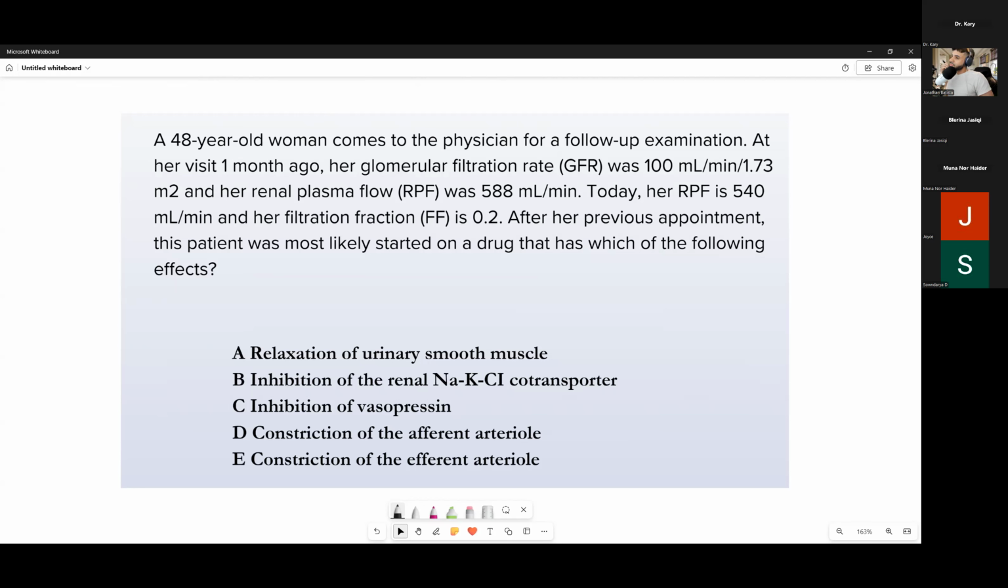At her visit 1 month ago, her GFR was 100 ml per minute per 1.73 m squared, and her renal plasma flow was 588 milliliters per minute. Today, her renal plasma flow is 540 ml per minute, and her filtration fraction is 0.2.